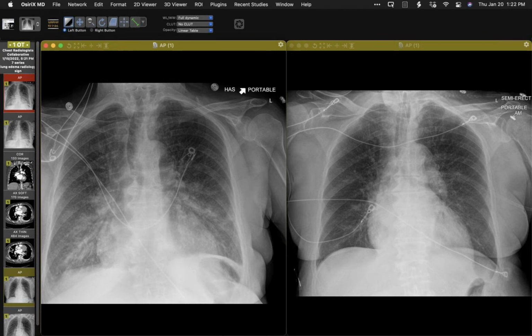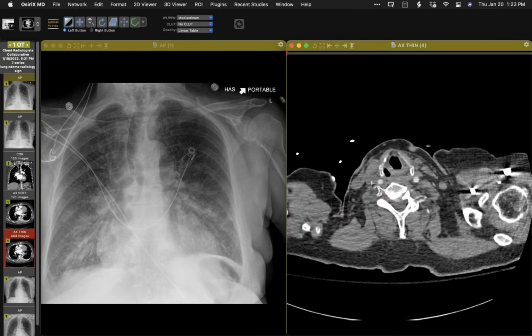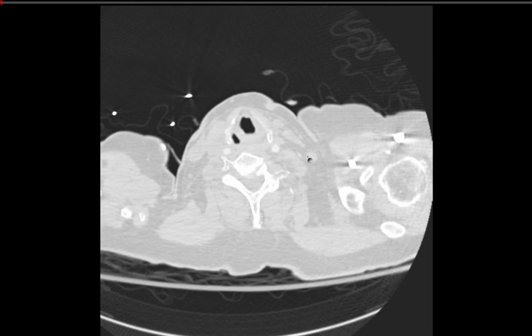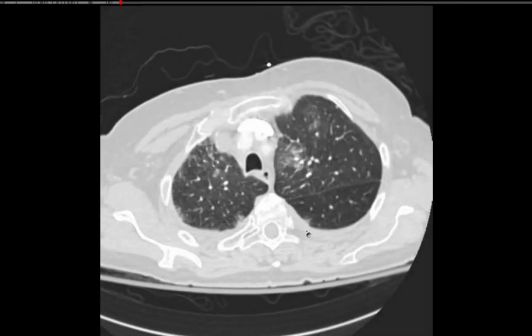Now, she did have a CTPA on the 15th, the day before, the time of that. See if you buy this.